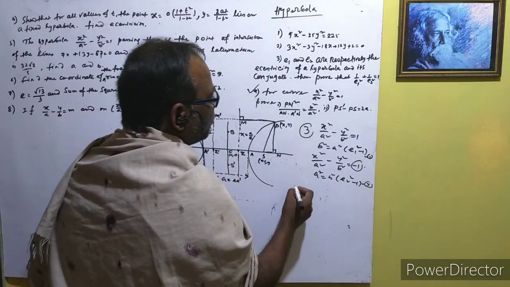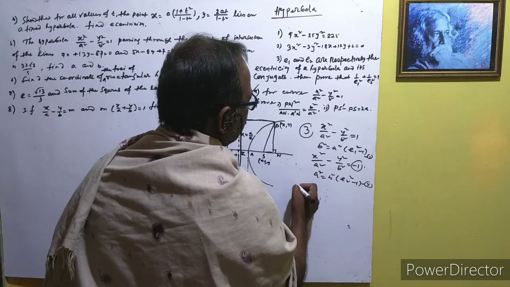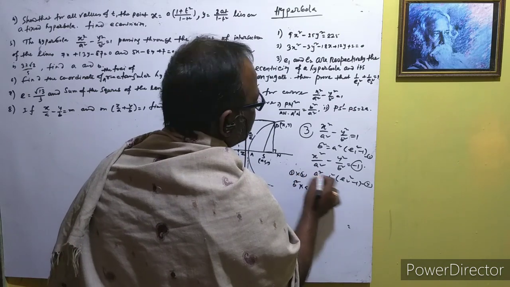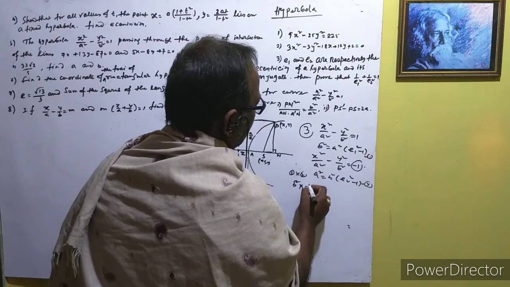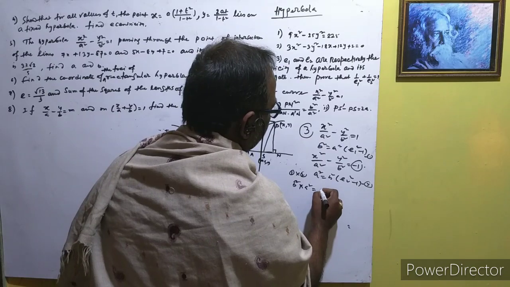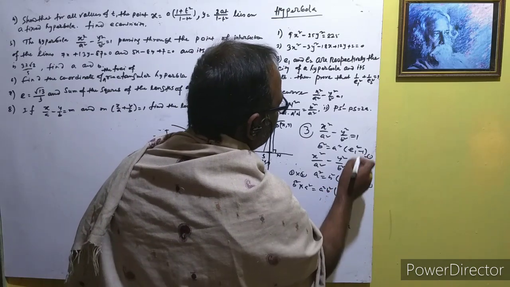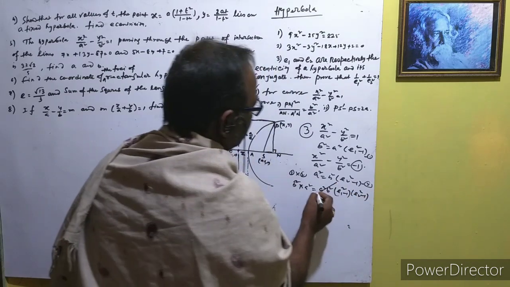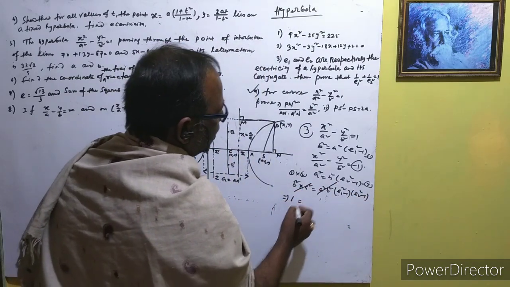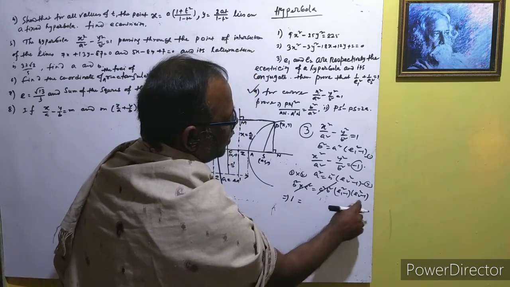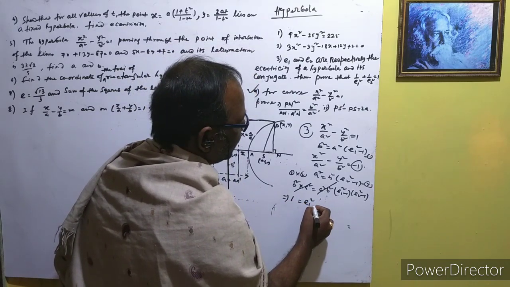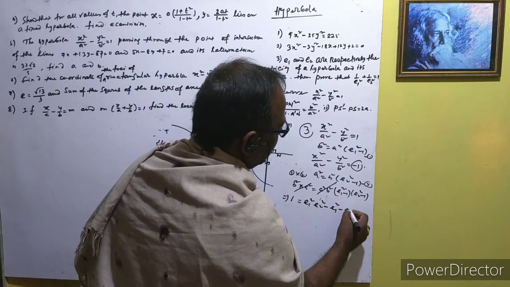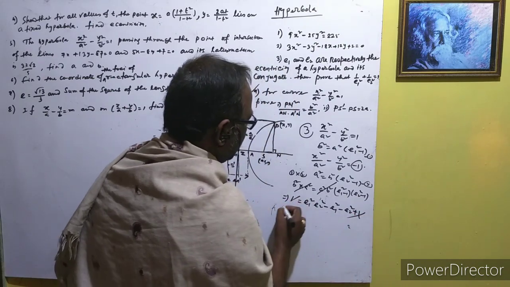For 1 and 2, multiply both the equations, then we get the relation. A square B square on the left hand side, and also on the right hand side A square B square, and the two factors we have, E1 square minus 1 and E2 square minus 1 here. And these two factors are cancelled. So we have 1 on the left hand side, and multiplying these two, we get E1 square E2 square minus E1 square minus E2 square plus 1, so 1 will cancel.